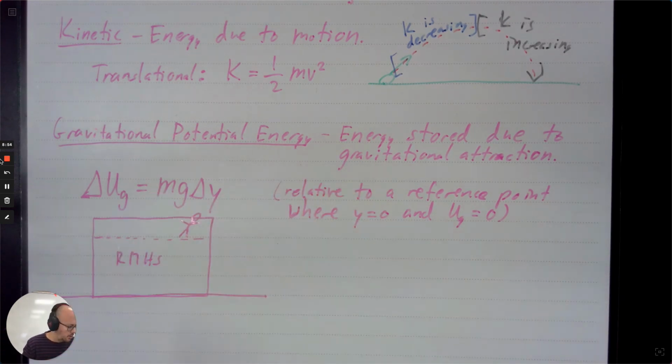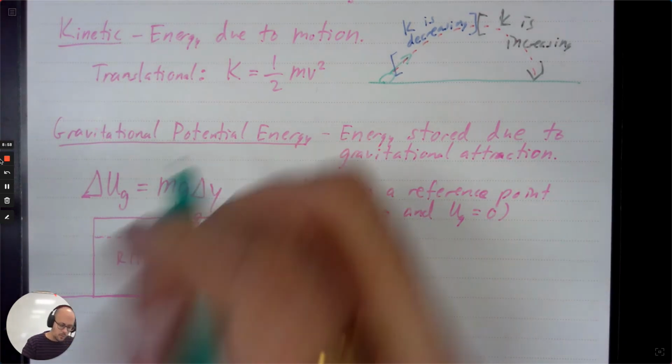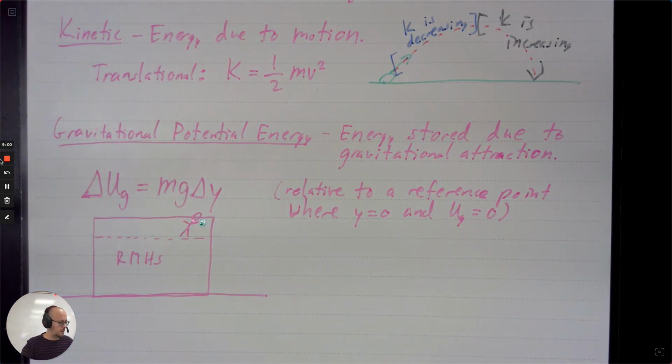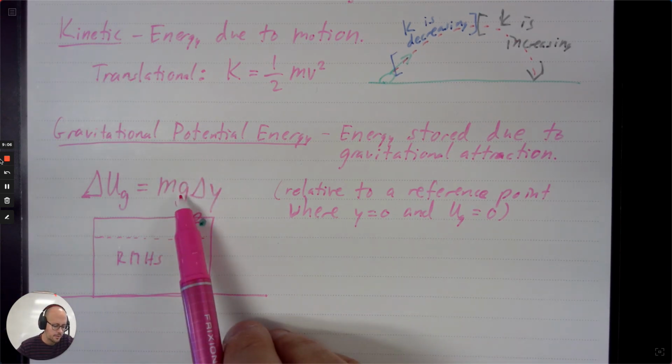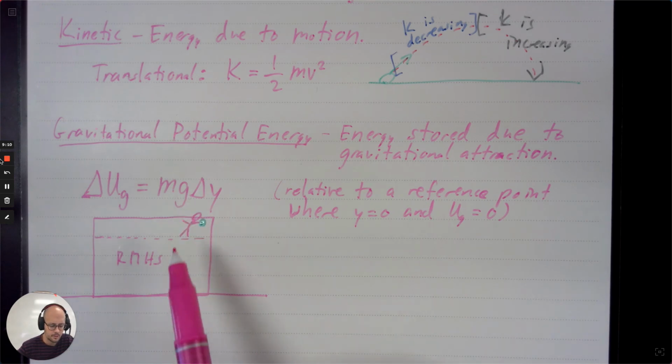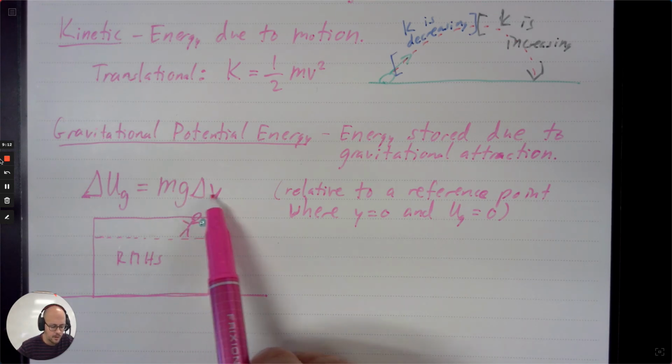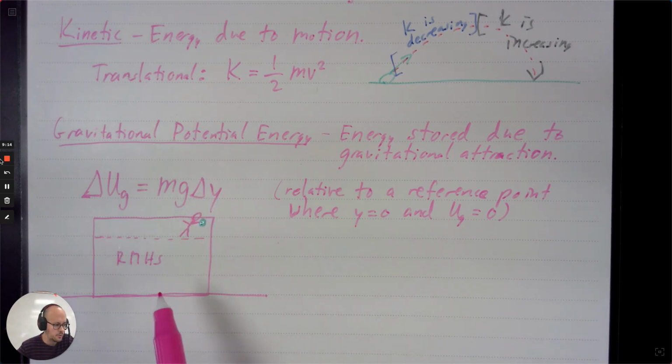And let's say you're holding a tennis ball. So here's your tennis ball. Well, you have a choice to make. If you want to describe the gravitational potential energy of the tennis ball, you need to know its mass. You need to know the strength of the gravitational field, 9.8 newtons per kilogram. And you need to know how far away you are from the reference point you choose. And you are choosing a point where the gravitational potential energy is 0.